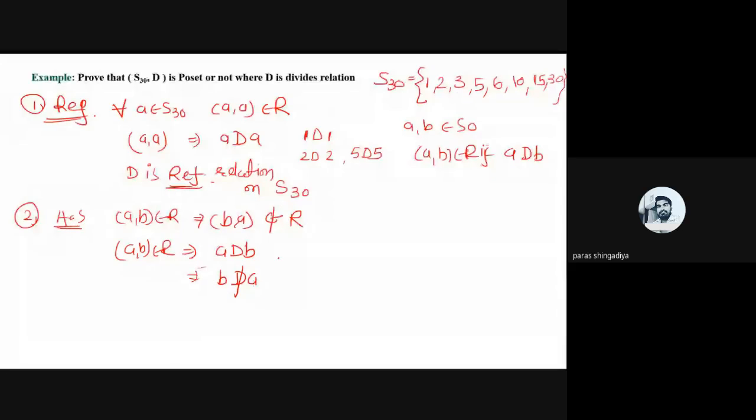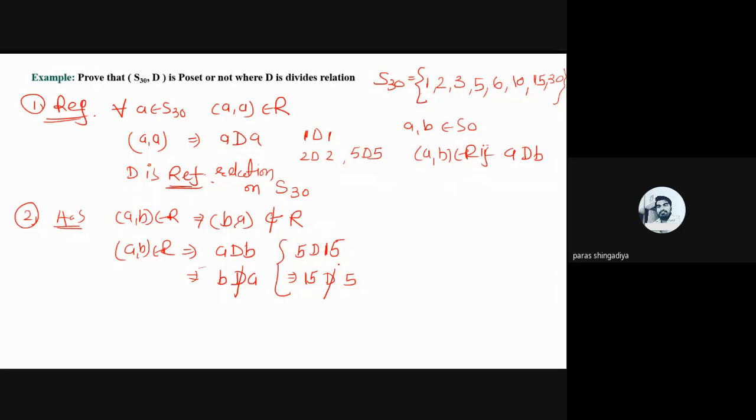Because if I consider a counter example, 5 divides 15, that is true, but we cannot say 15 divides 5. So for A divides B, B can't divide A, and that is required to say it is antisymmetric.